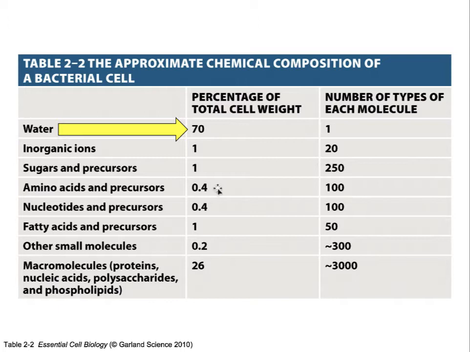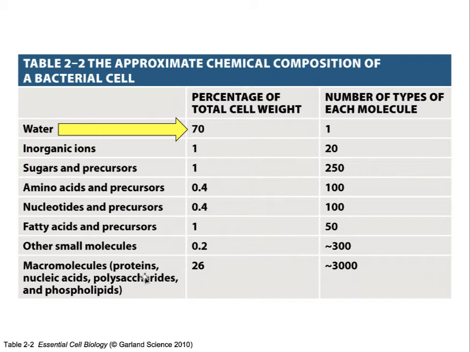Under 0.5% of the total weight of a cell is amino acids, but there are 100 different varieties of amino acids and their precursors. Nucleic acids and their precursors occupy just under another 0.5%, and there are 100 different varieties of those too. 1% of a total cell's weight is fatty acids and their precursors, and there are 50 different types of fatty acids.